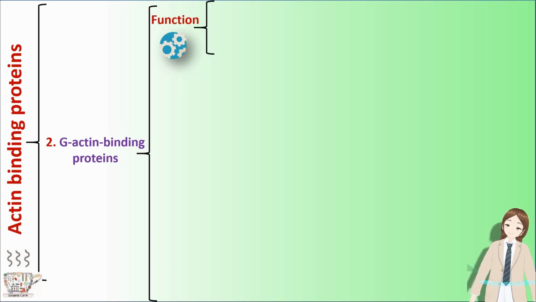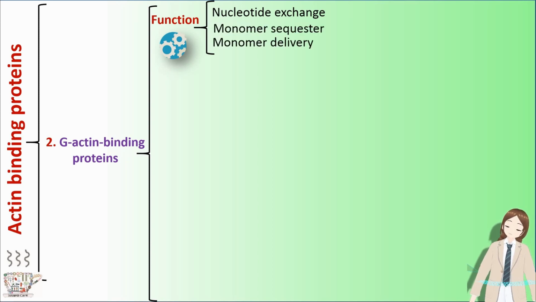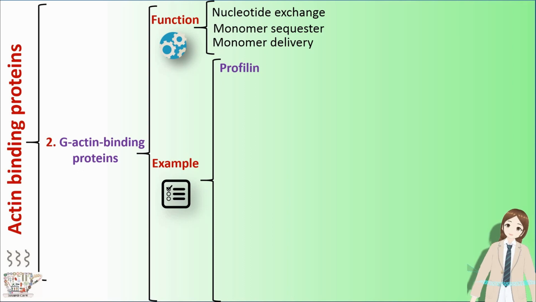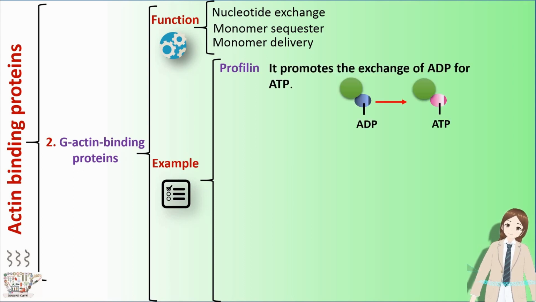They play a role in nucleotide exchange, monomer sequestering, and monomer delivery. One example of G-actin binding proteins is profilin. It promotes the exchange of ADP for ATP.